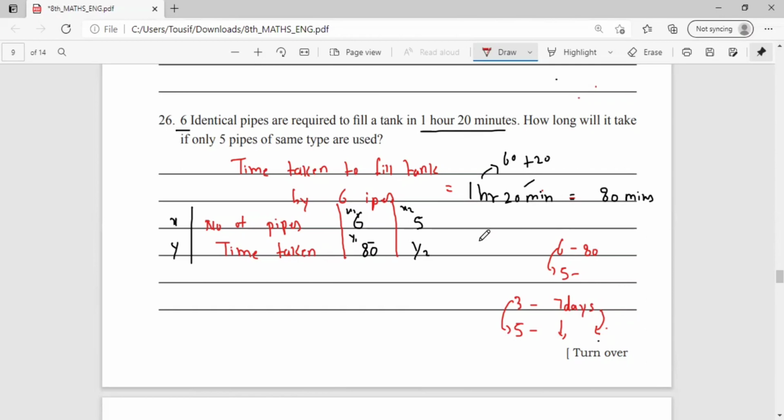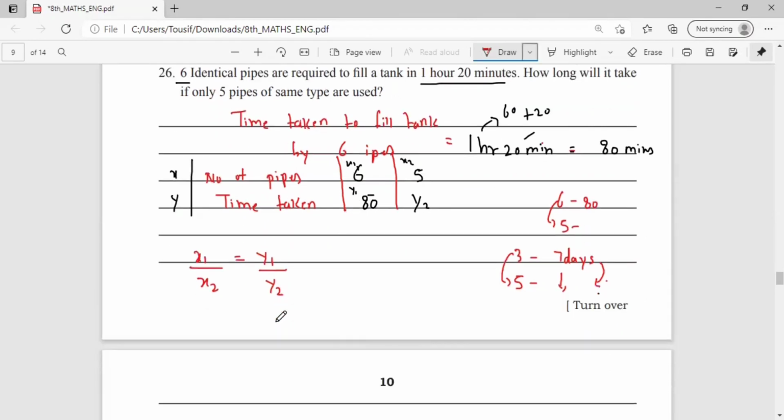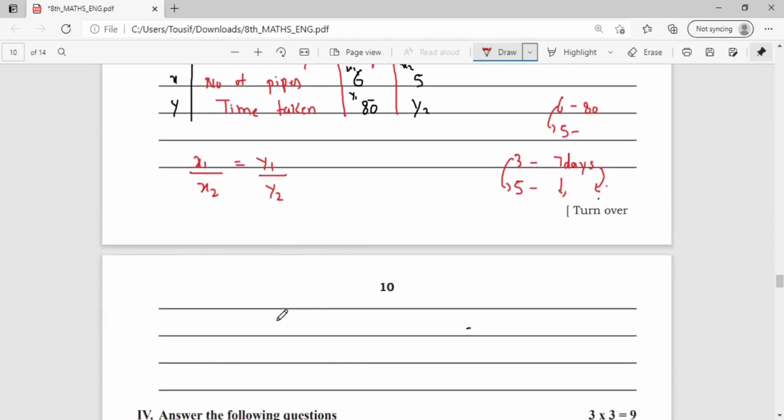So it is an inverse proportion, and the inverse proportion formula is x1 by x2 is equal to y1 by y2, and one of the values will be reciprocal. Remember, one of the values will be reciprocal. As I said, our x1 value is 6 divided by x2 value 5 is equal to y1 value 80 and y2 we have to find out.